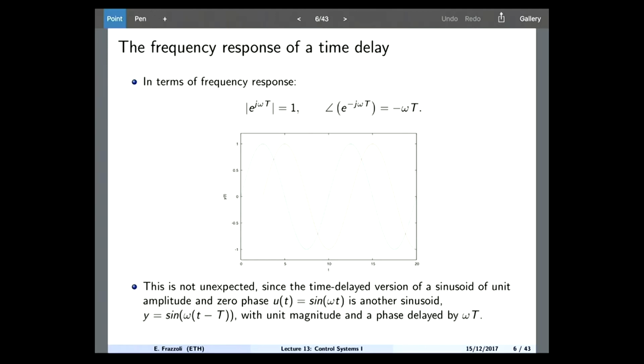What is the phase? Well, as you see, the phase is given by minus omega T. So the phase is delayed by this amount. Is it clear?